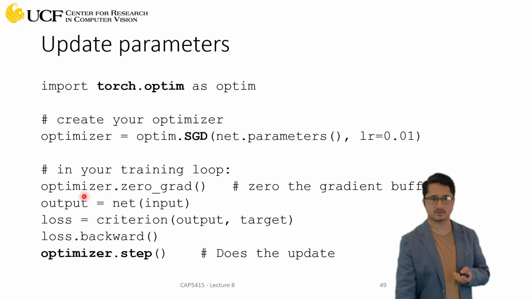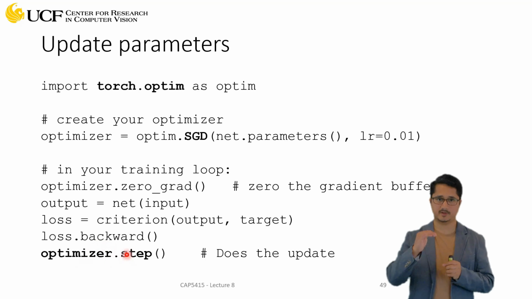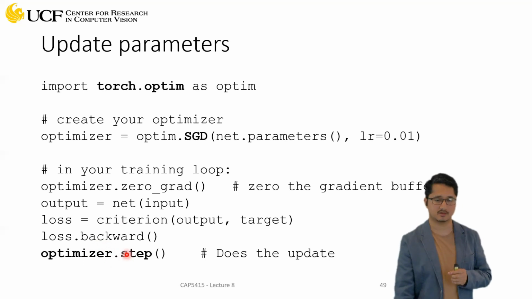For any given input, you will produce the output. Criterion, you will already have the loss function, which we described before. You will give the target and the output, and you will compute the loss. And when you call this loss.backward, this is actually computing the gradients.